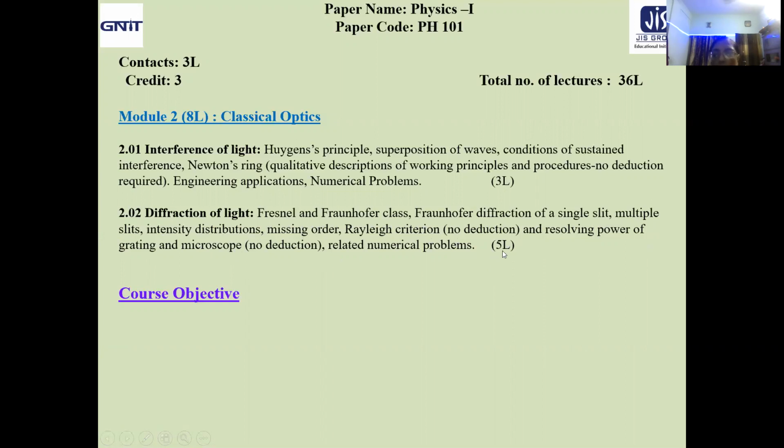The total number of lectures allocated there is 5. That means in this total module 2, there are 2 submodules in the form of interference of light and diffraction of light insofar as classical optics part is concerned. Definitely today we will start with 2.01.